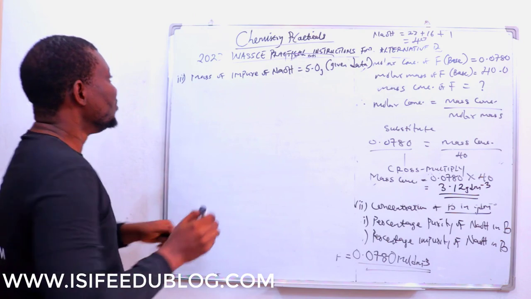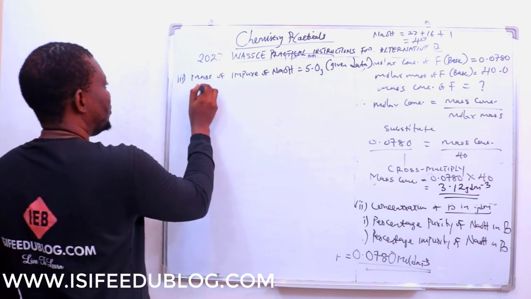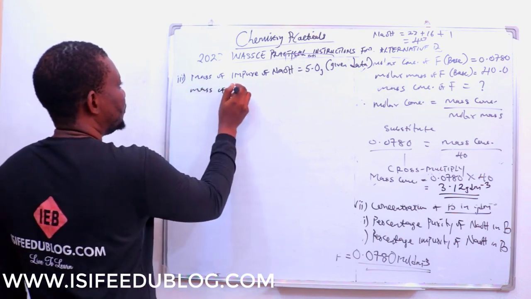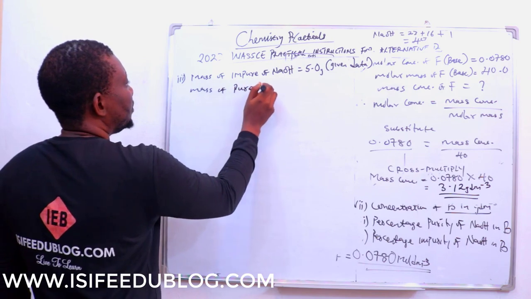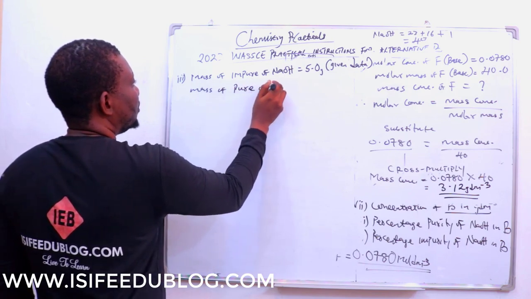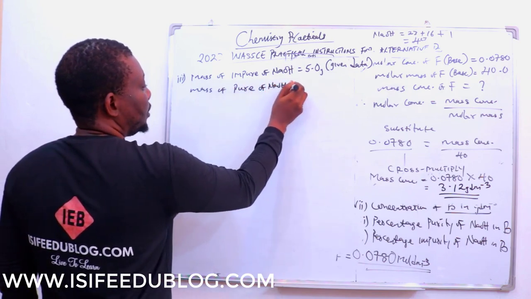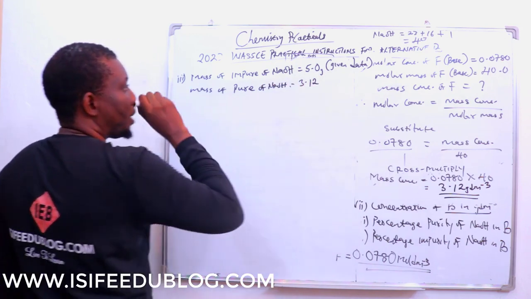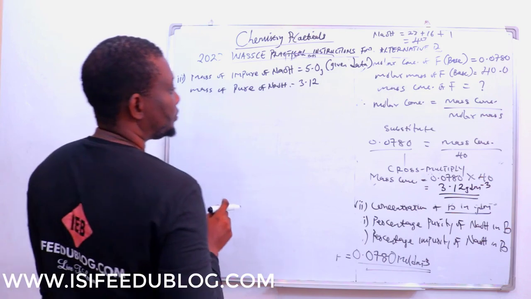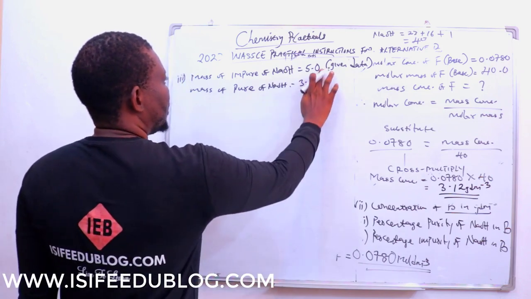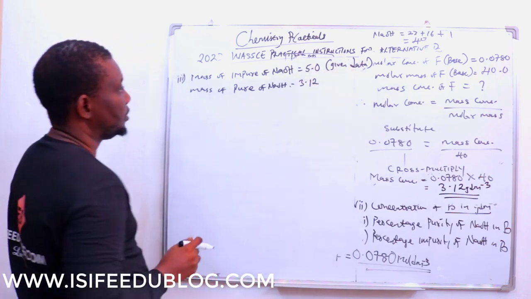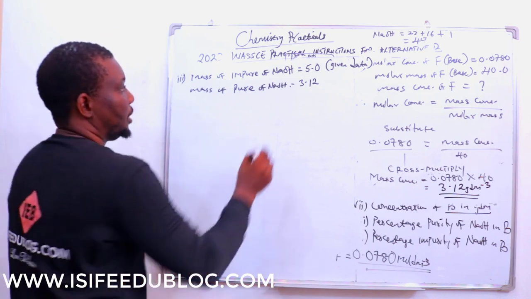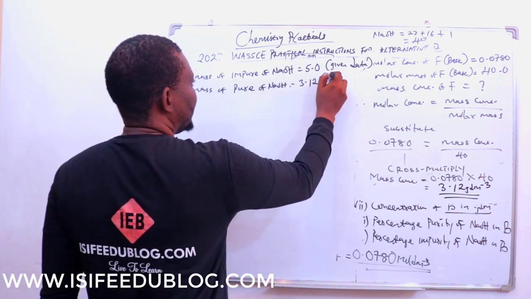Then the mass of pure NaOH is 3.12, which is derived data.